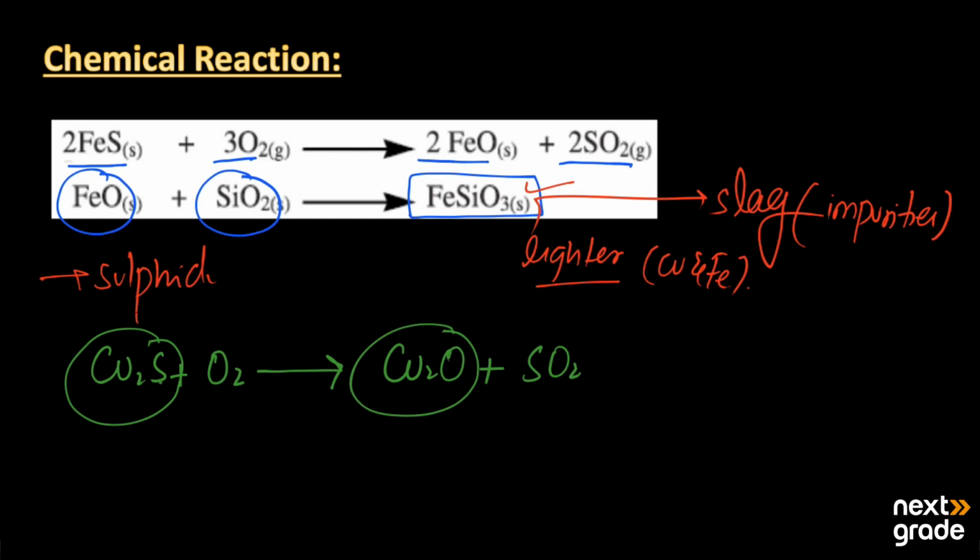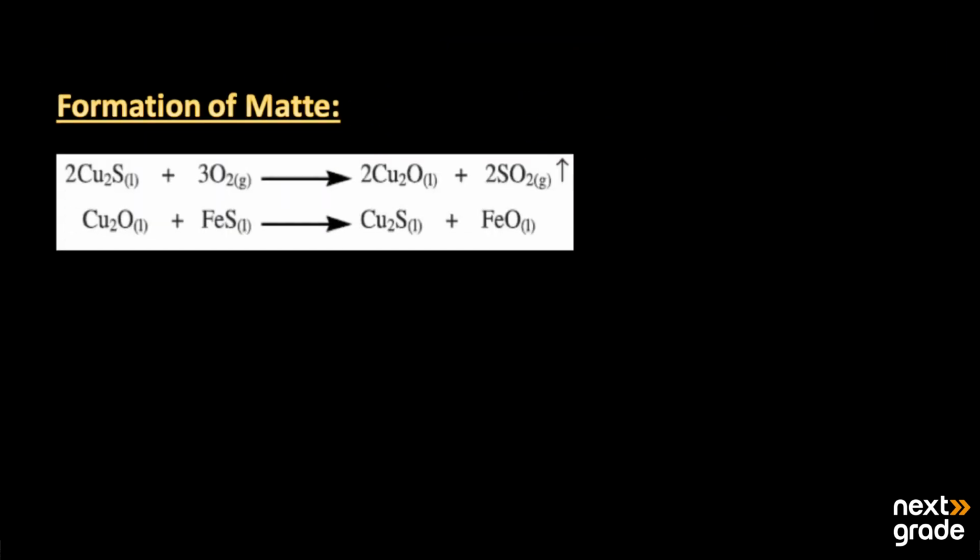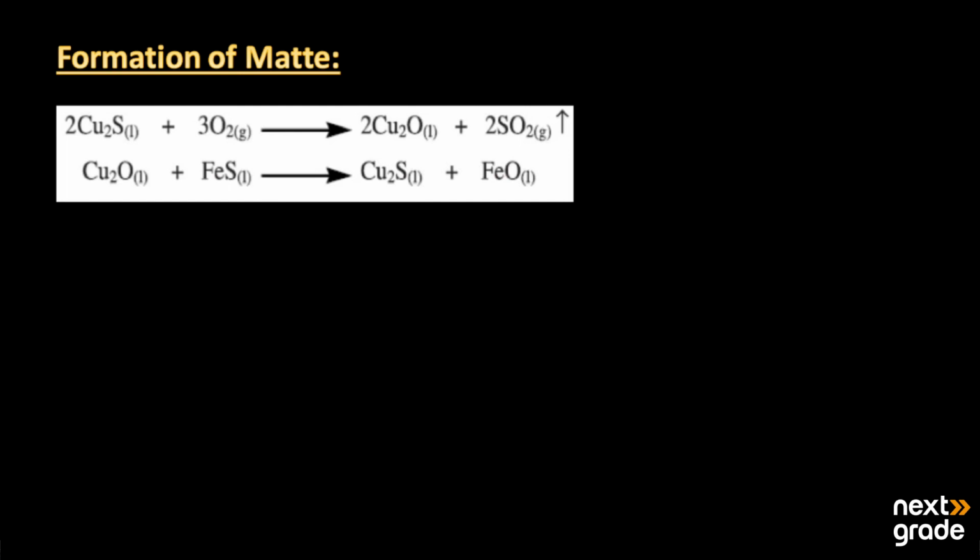Now this cuprous oxide reacts with the unreacted iron sulfide, and after this we have the formation of the matte. Now what does matte mean? In this simple reaction, the cuprous oxide reacts with the iron sulfide, they exchange, and we gain cuprous sulfide plus iron oxide.